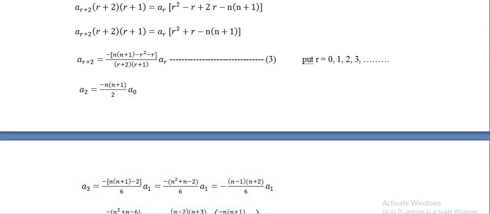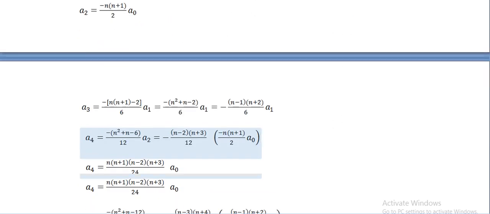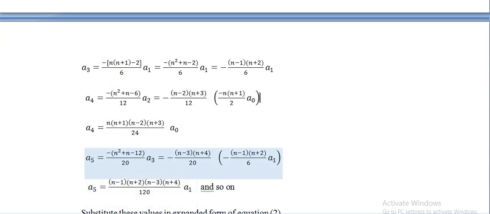Then substitute r equal to 3 in equation number 3. So a3 plus 2 becomes a5. Then the right hand side is (n² + n − 12)/20 into a3, and the factorization of n² + n − 12 is (n − 3)(n + 4)/20, and our a3 value is minus (n − 1)(n + 2)/6 into a1.